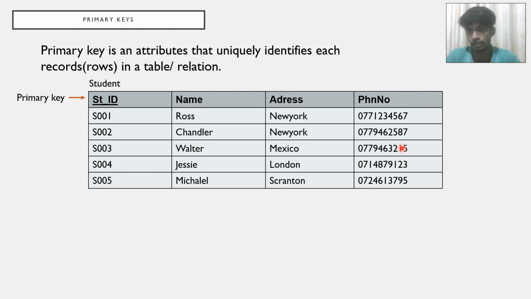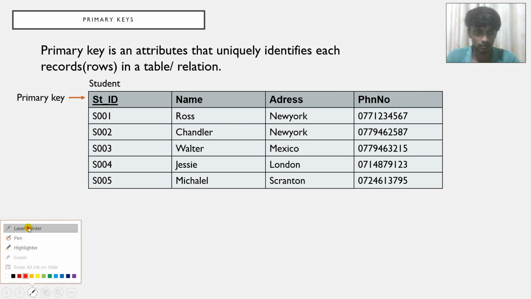In the general world, there can't exist the exact same phone number for two persons. So you might be thinking phone number is a good attribute for a primary key, but it is not, and this is the reason.